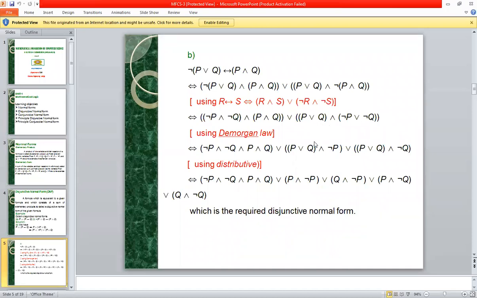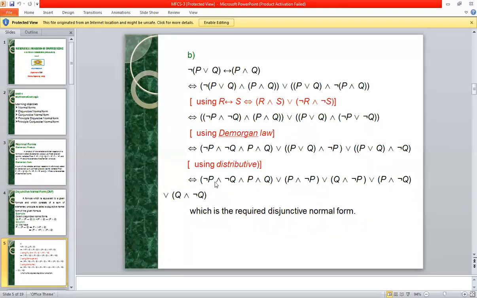In place of P, we have (P or Q) and negation P, or (P or Q) and negation Q. So here we apply the distributive law.